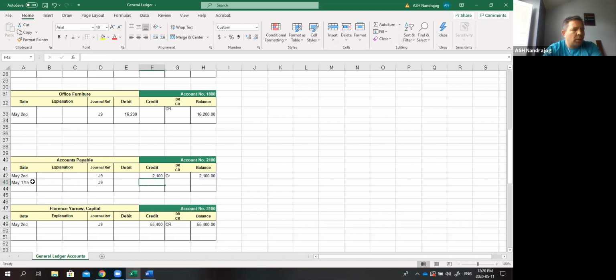Accounts payable is $1,200 of debit. So now it's a debit of 1200.